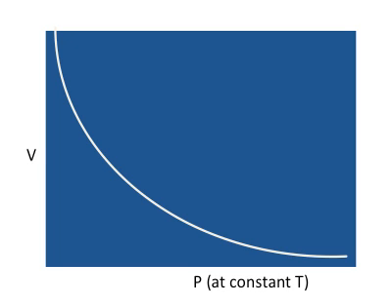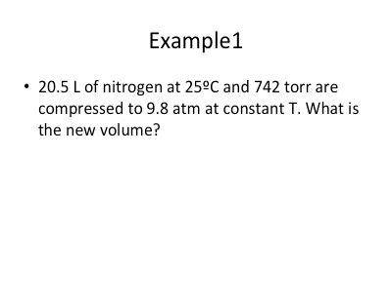All right, so you guys ready to do a few examples? Example 1. If we have 20.5 liters of nitrogen at 25 degrees Celsius and 742 torr, and it is compressed to 9.8 atmospheres at constant temperature, what is the new volume?